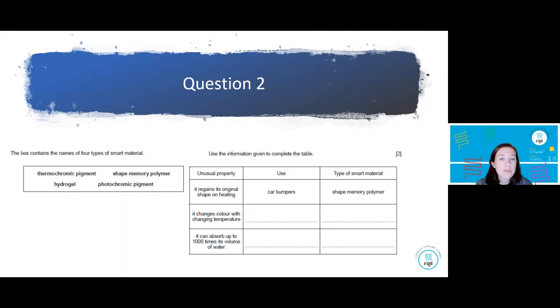Now for the following 2, so changes colour with change in temperature, and it can absorb up to 1,000 times its volume of water. Pop down the type of smart material that would do that in both of the columns, and then choose a use. There are multiple correct answers for this. So give me a use for both of those smart materials. I'm going to give you just under a minute. Off you go.